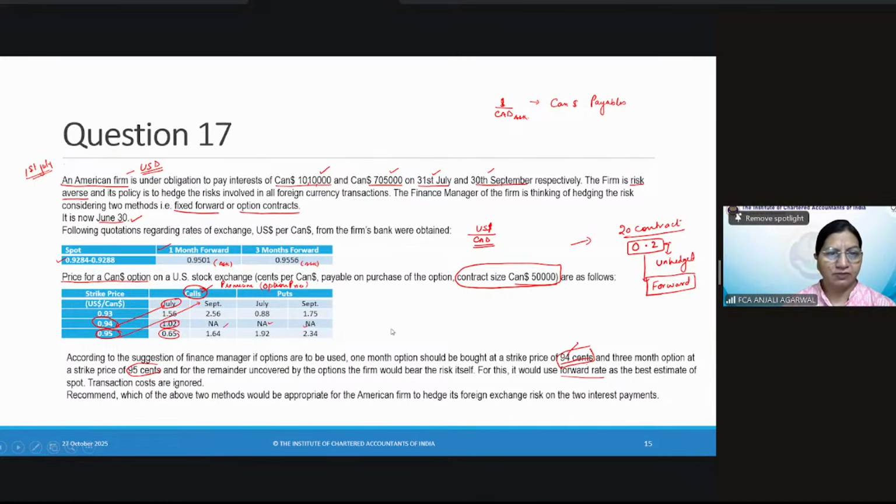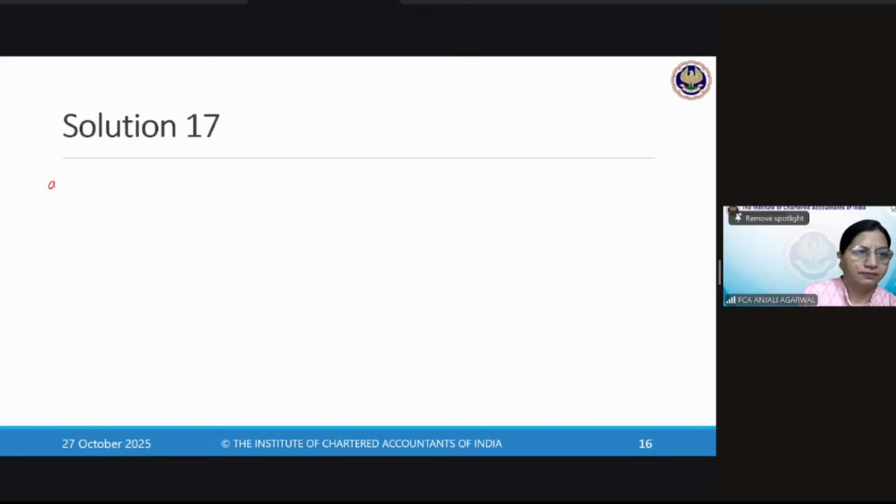So let's start solving this question. So 0.9501 and 0.9556. As the question is for July 31st and September 30th, we have Canadian dollar payables.